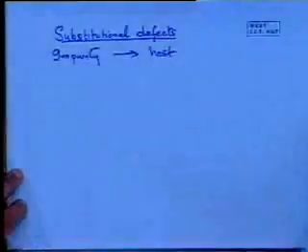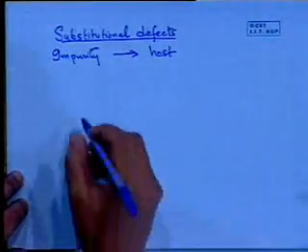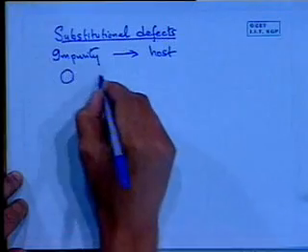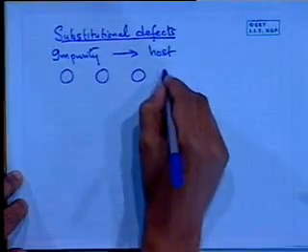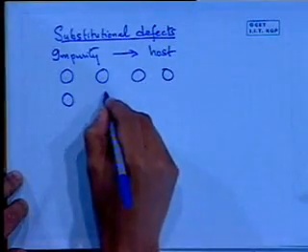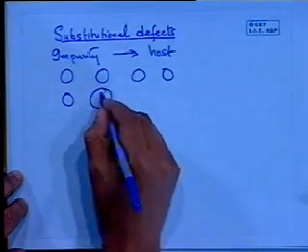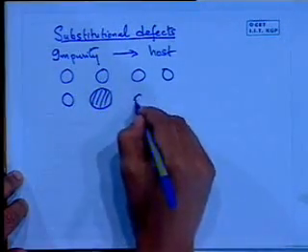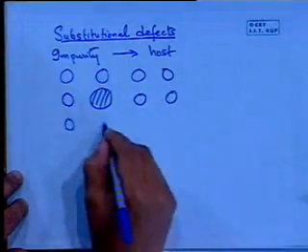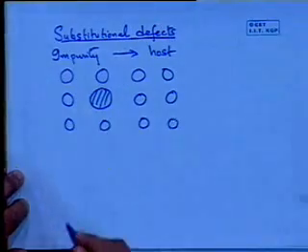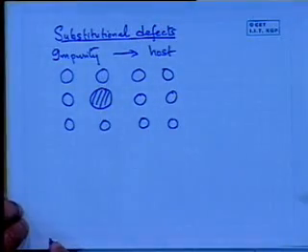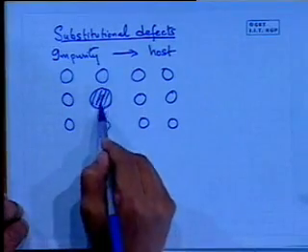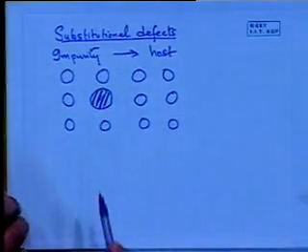But in the case of substitutional, as the name implies, I am going to substitute for the host atom. All right? I'm just drawing a small part of that lattice there. So a foreign atom sitting in here that has replaced the host atom.